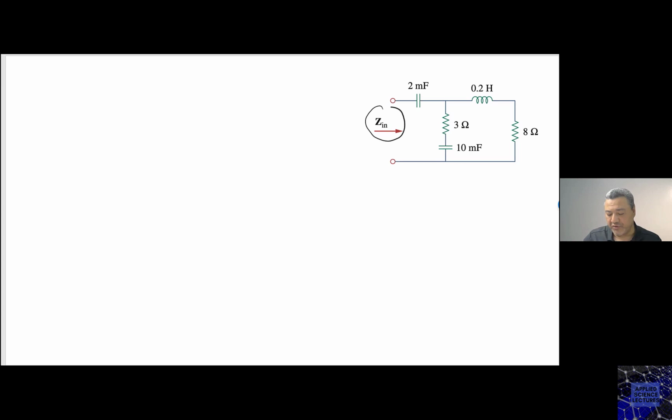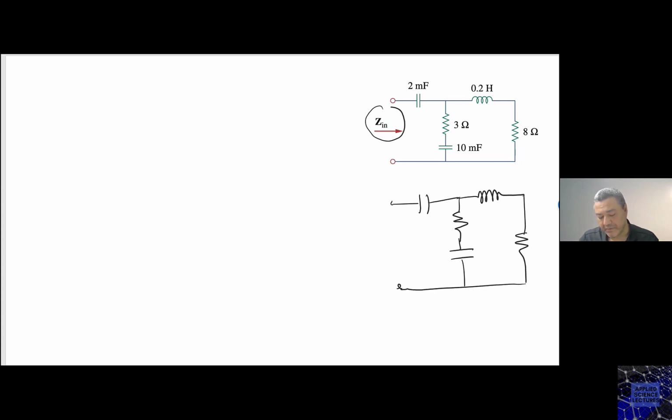So the first thing you need to do is to redraw the circuit while putting all the impedances on. So the first thing you need to do is to find those impedances.